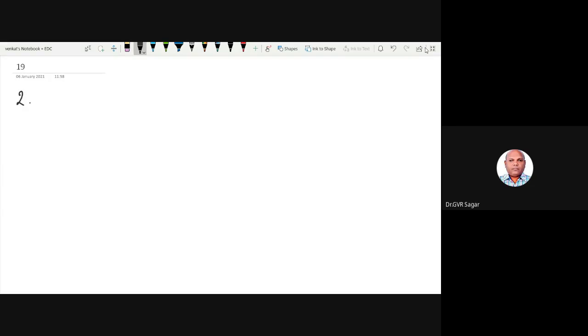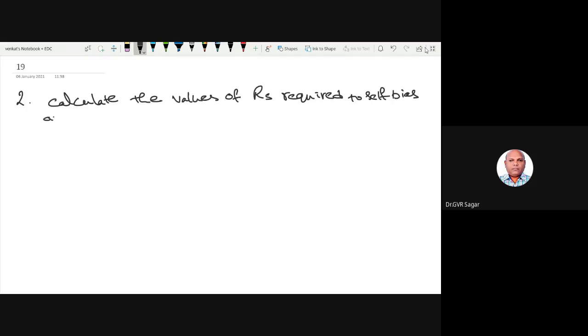Calculate the value of RS, source resistance, required to self-bias an N-channel JFET.